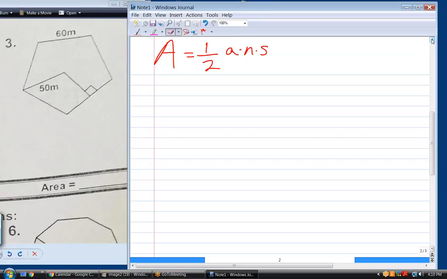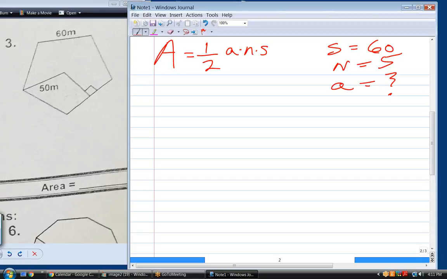So what we have is the number of sides, the side length. We don't really have the apothem. Tell me everything you know. Well, the side length is 60. The number of sides is 5. And I don't think we have the apothem. Okay, so the apothem we have to figure out.